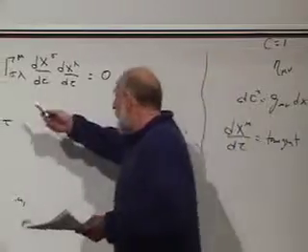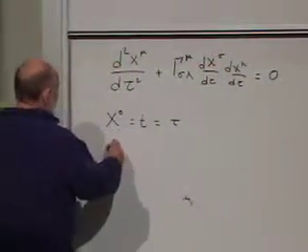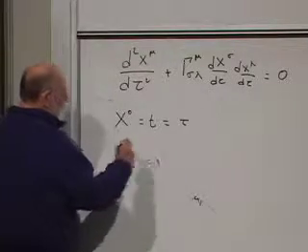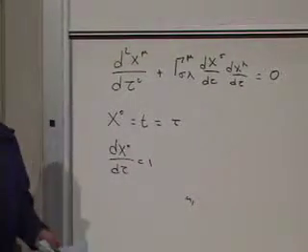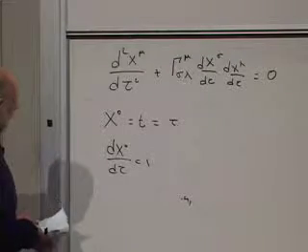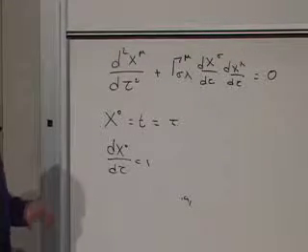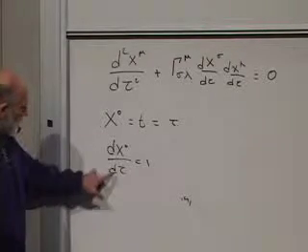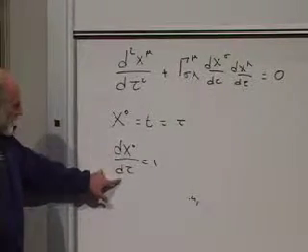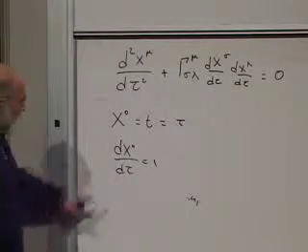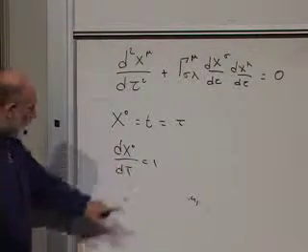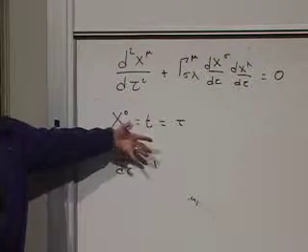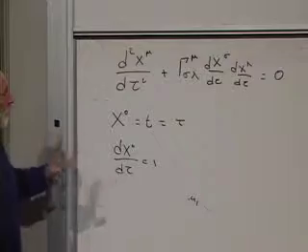But that in particular says that dx^0 by dτ is equal to 1 plus tiny, tiny corrections. Corrections which are small when things are moving slowly compared to the speed of light. And if dx^0 by dτ is always equal to 1, then the second derivative of x^0 with respect to τ squared is always going to be very small. So we don't have to worry about that.